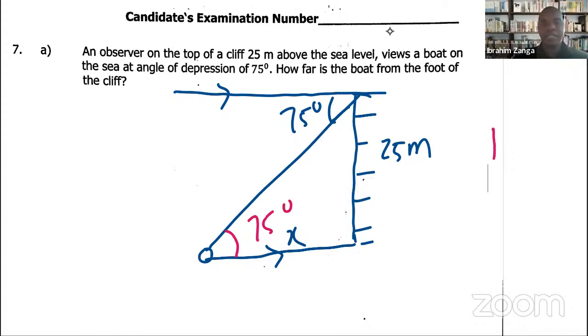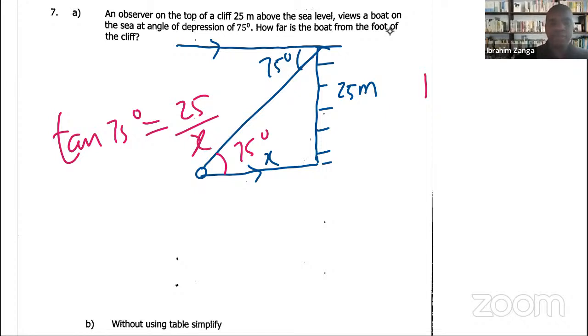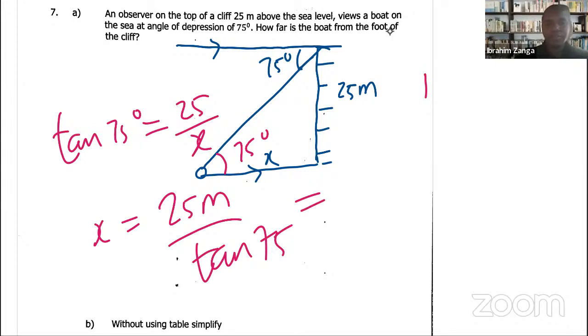So we're going to say that tan 75 degrees is equal to 25 over XC. Oh, I'm sorry. X will be 25 meter divided by tan 75.